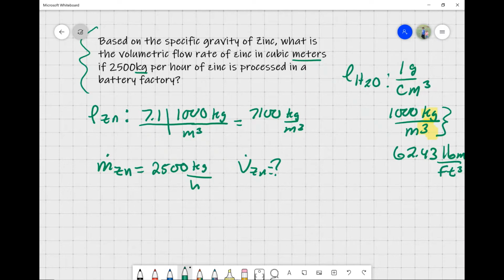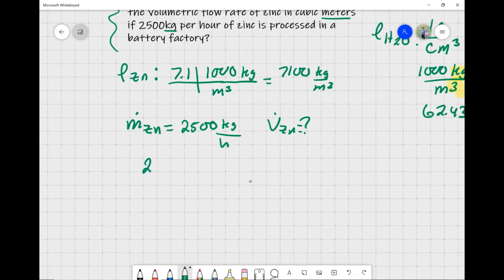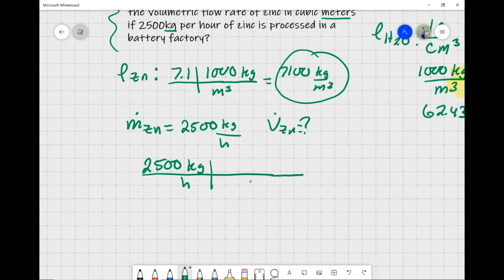So what's that equal to? We can start off with 2,500 kilograms per hour, and then we've already made our conversion factor. In this case, we're making a conversion factor out of specific gravity.